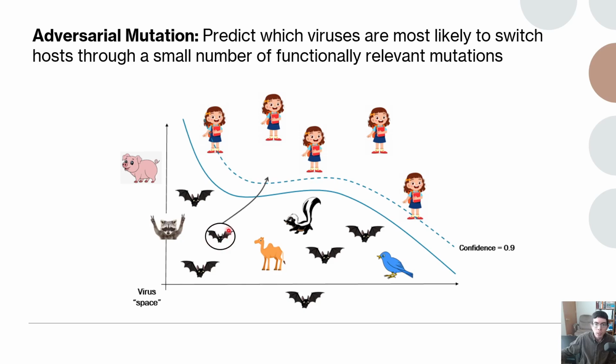And then we use the model to search for mutations of that query virus that the model will rate as infecting humans with high confidence. The key here is that a sequence has a high spillover risk if this procedure can find a high confidence variant with a small number of functionally relevant mutations.